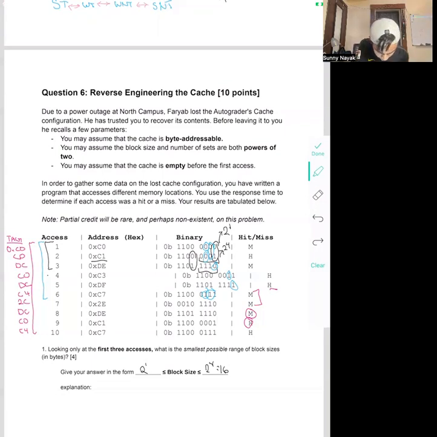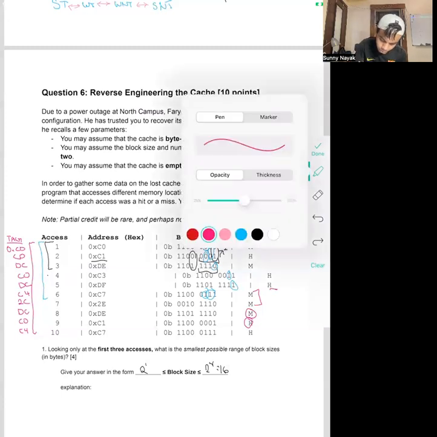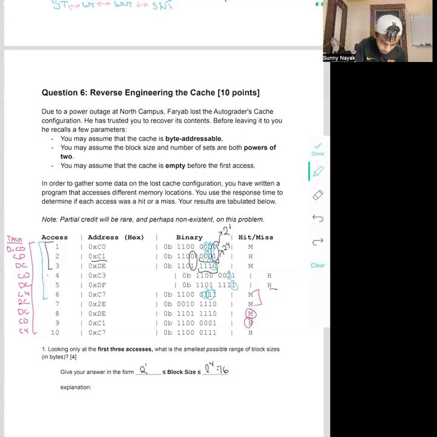We haven't looked at cache access 10. In cache access 10, we access block C4 and we get a hit. Why is that interesting? Well, the C4 block we haven't accessed in a minute. We've performed 3 accesses since the last time we looked at C4.